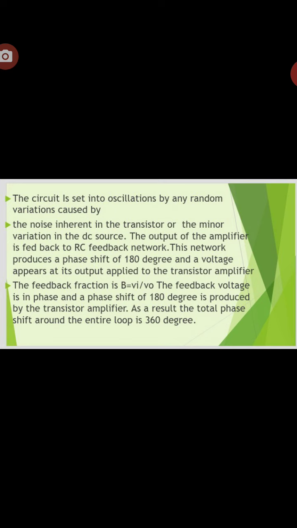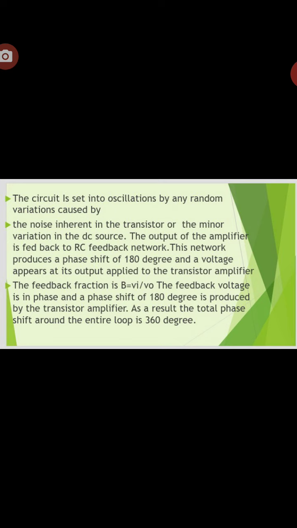Here what we have to understand: the feedback fraction beta is the ratio of input to output voltage. So here the 180 degree phase shift is through the feedback network, and another 180 degree is from the transistor. Total is 360 degrees produced at the output.